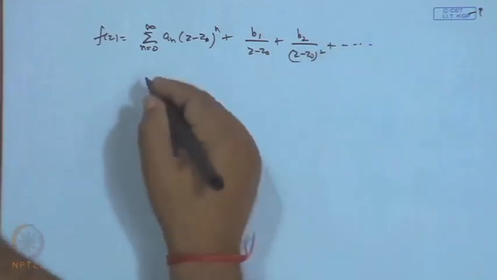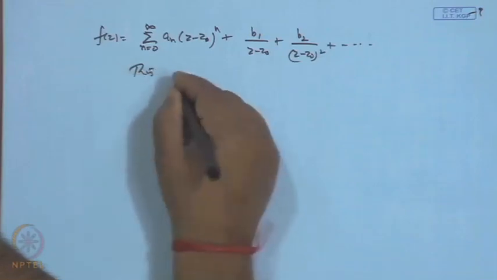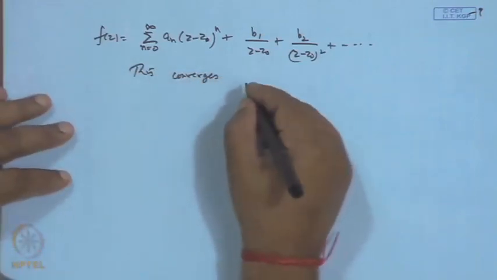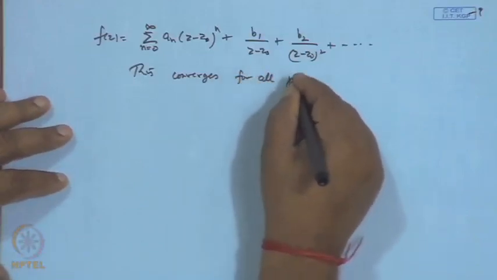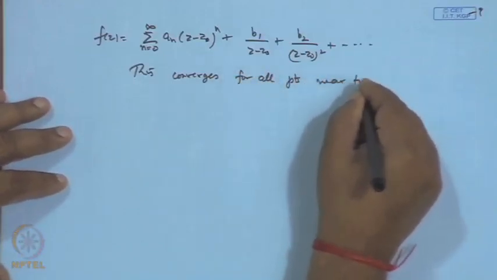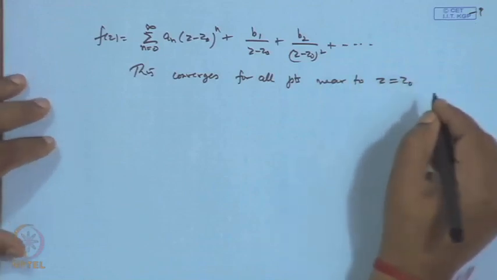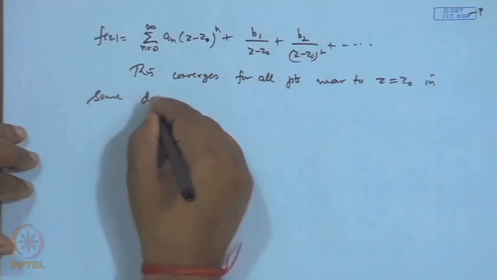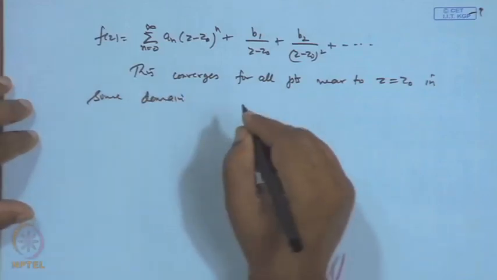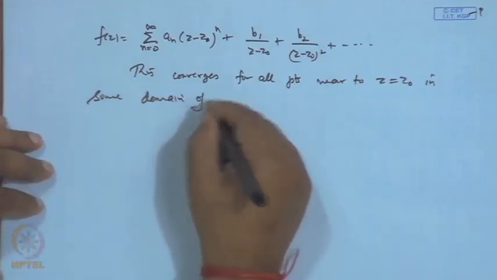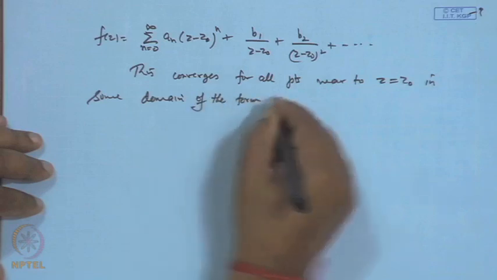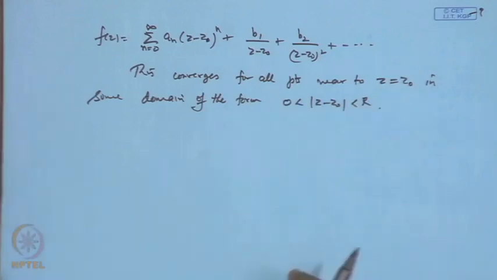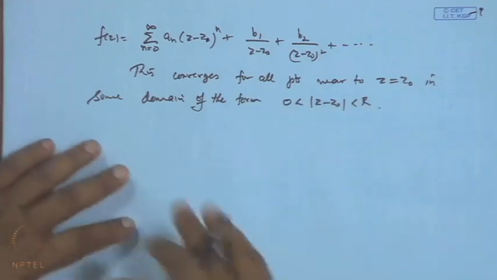And this series converges for all points near z equal to z naught, in the annulus of the form 0 less than mod z minus z naught less than, say, r.